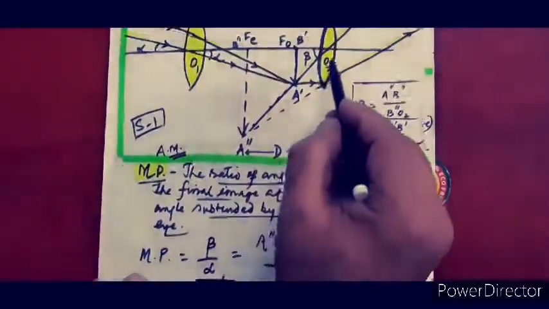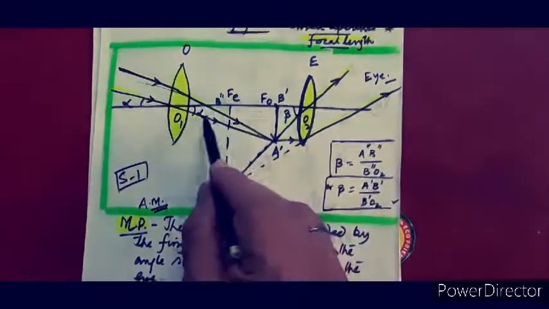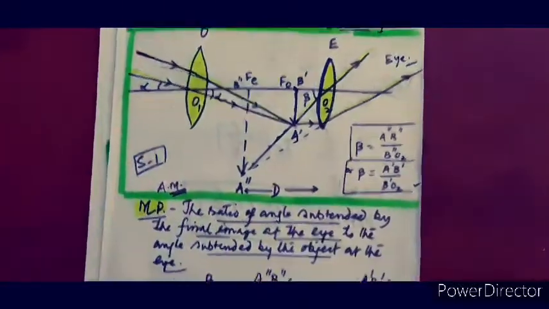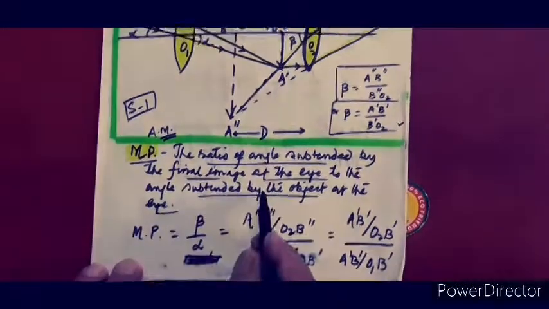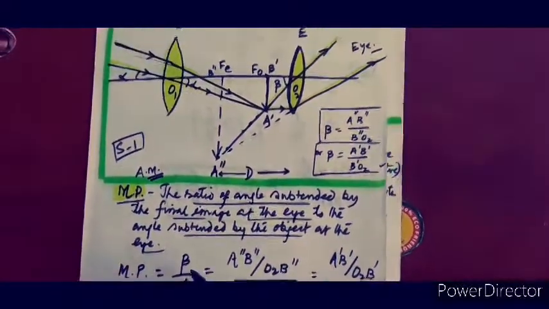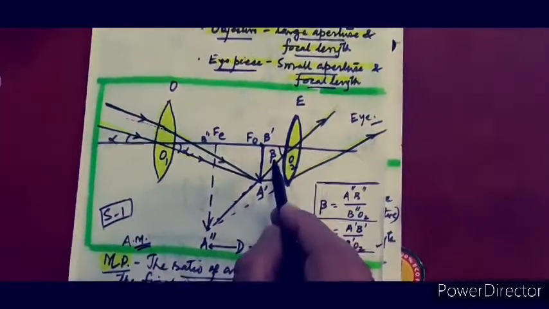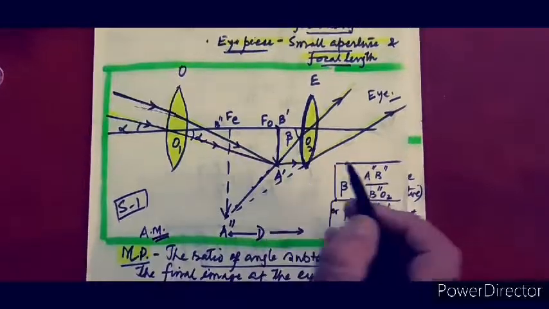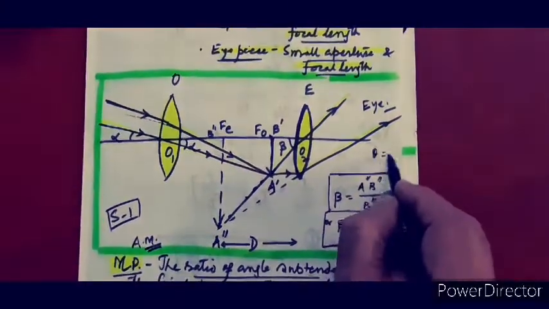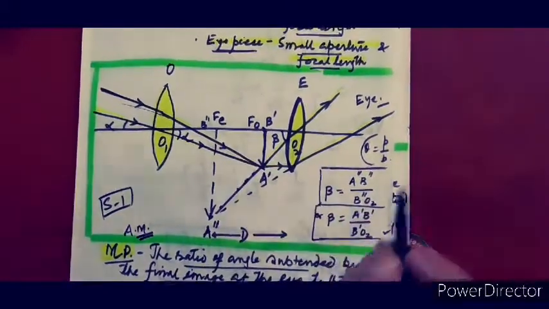So here we have marked the angle beta and alpha. Now magnifying power is equal to beta by alpha according to the definition. Now find out the value of beta and alpha. Just to see the angle beta, we know for a small angle theta is equal to b by b. Same method, same formula we are going to apply.